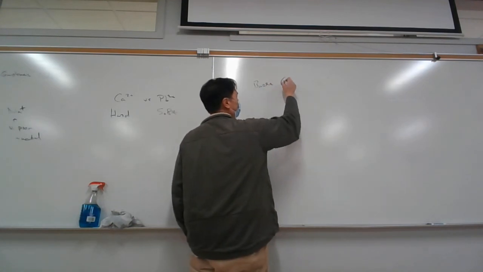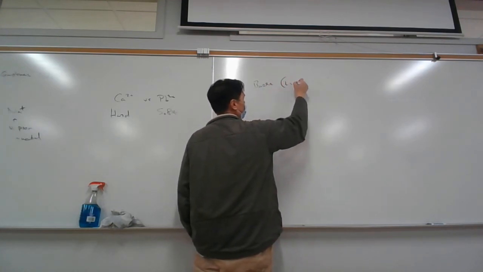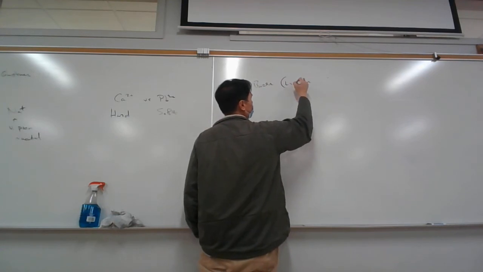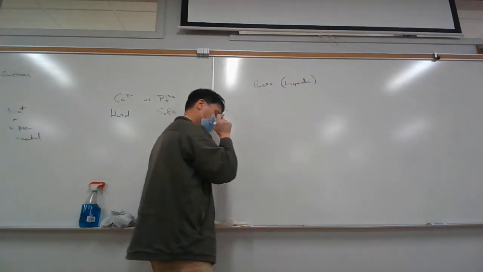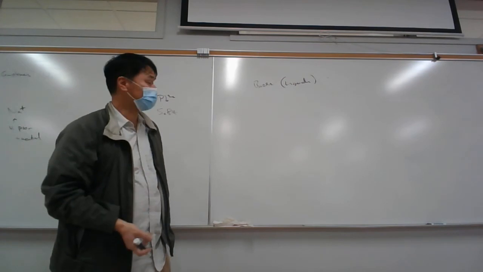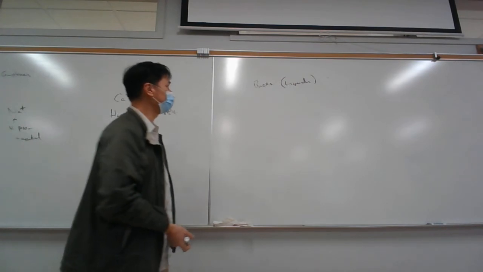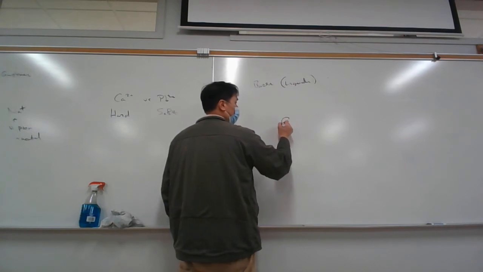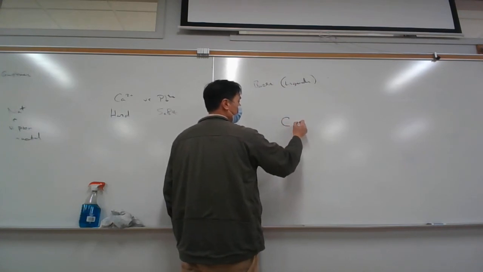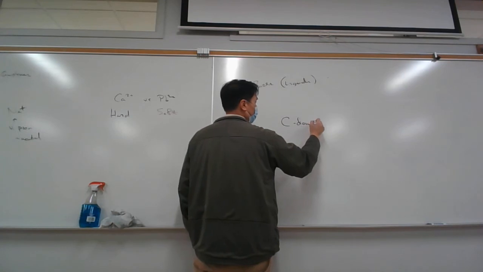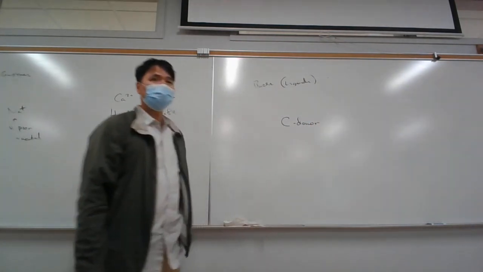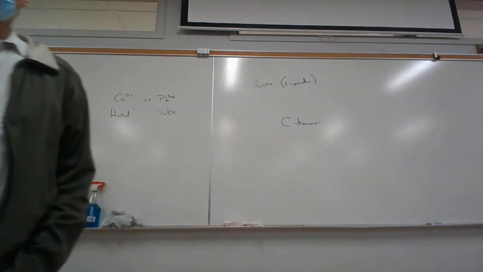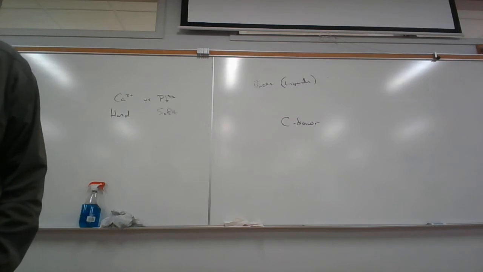The bases in Lewis acid-base reactions are often called ligands. These are just Lewis bases, so two different names for Lewis bases: ligands or bases. And it turns out that carbon donors are the best Lewis bases.